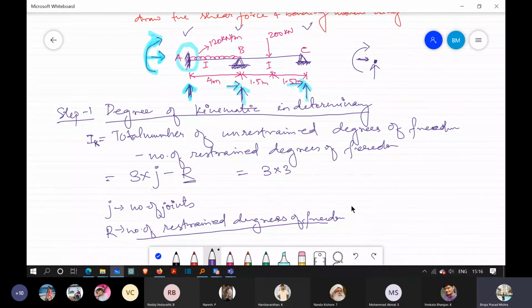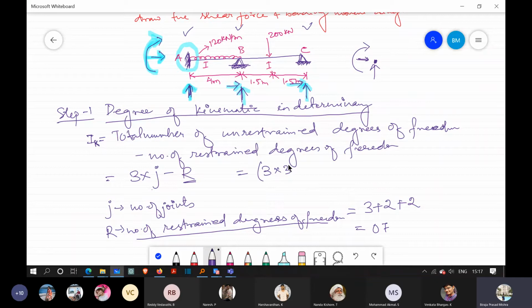So R becomes: at joint A it is 3, plus at joint B it is 2, plus at joint C it is 2 again. So totally the value of R is 7.